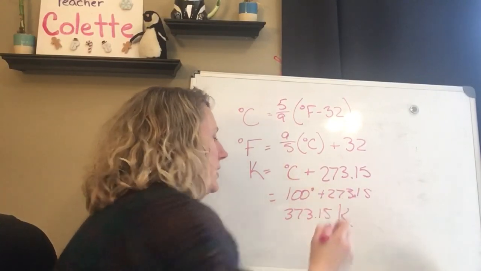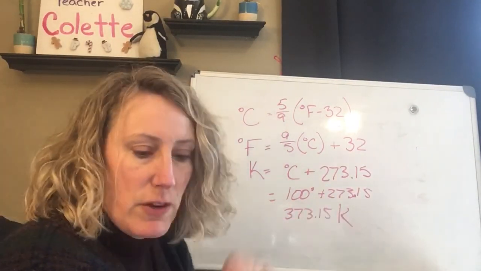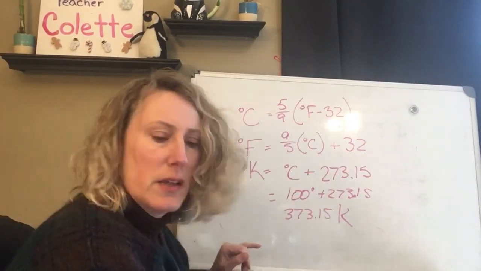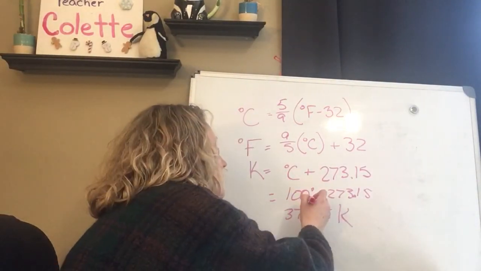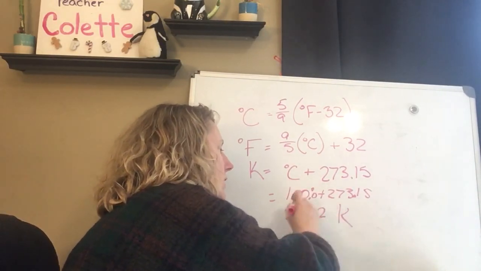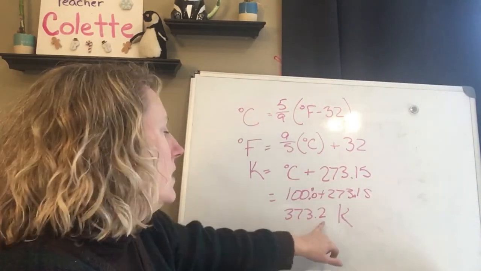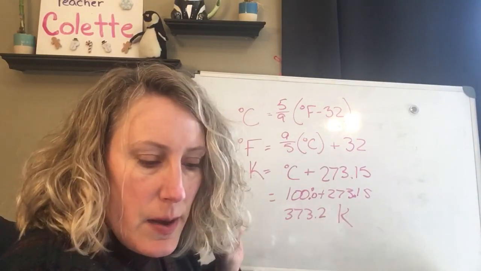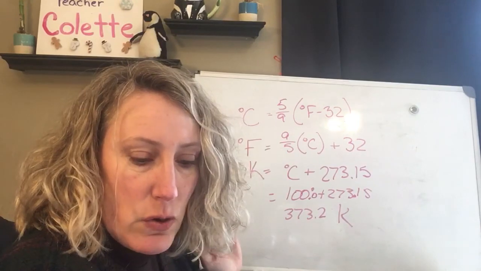So I just write 373.15 K for Kelvin. Okay, so this one actually says it's 100.0, so I would have to round that to 0.2 so that I have the same significant digits. So 373.2 kelvins.